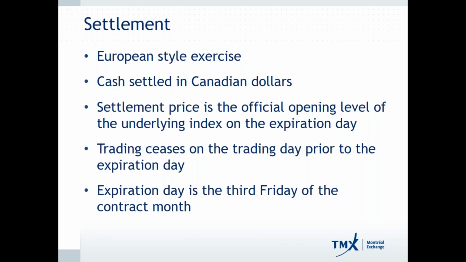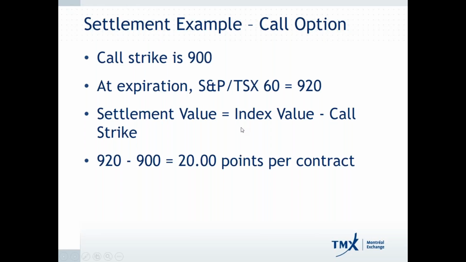And so the value in being able to do this is that as you approach expiration, if your portfolio has dropped in value along with the market, those option contracts will have increased and will ideally be offsetting the dollar value that you are losing because of that sell-off. And then again, you can just allow those options to expire, and you'll receive the Canadian dollar equivalent of the difference between your strike price and the settlement value of the index itself.